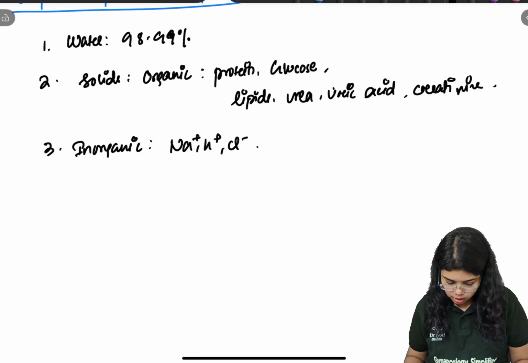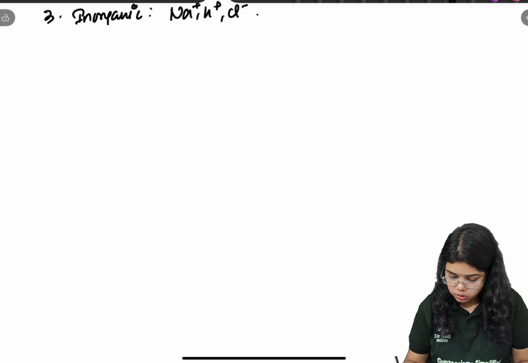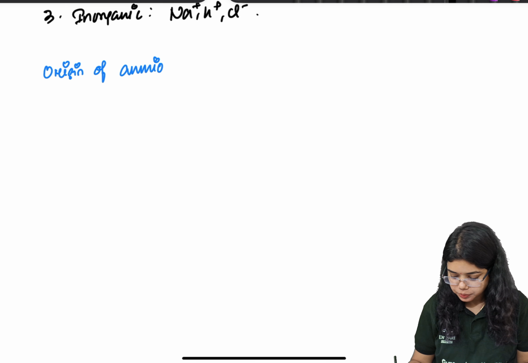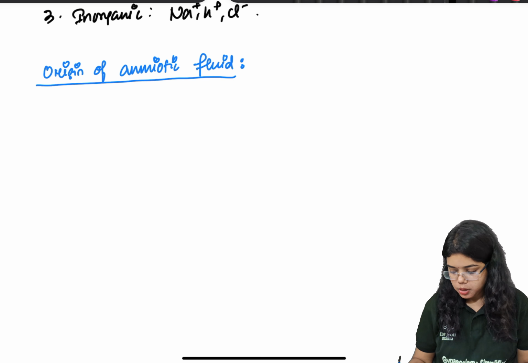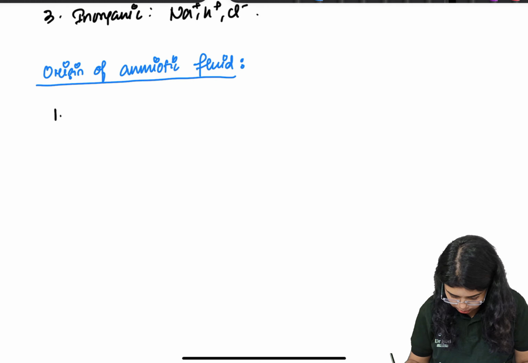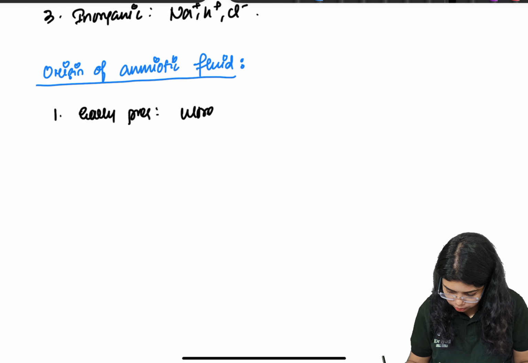Then coming to the origin of the amniotic fluid. From where is it produced? In early pregnancy, it is because of the ultrafiltrate of the maternal plasma.